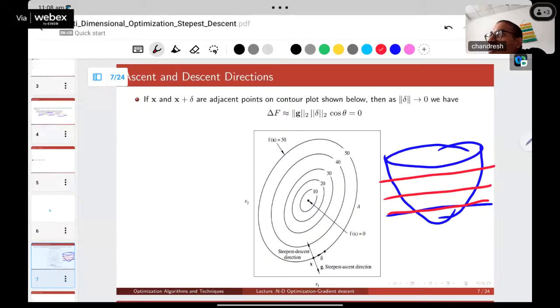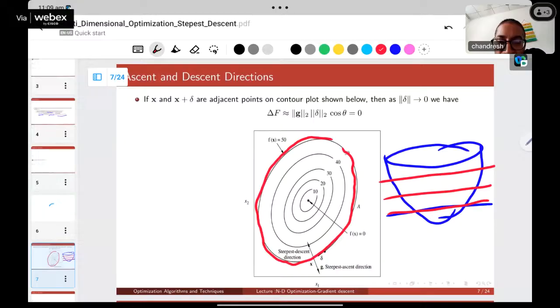If you slice a bowl at many points, you will get circles. These are the circles plotted on your screen, and everywhere on a circle the value of the function will be the same. That's the definition of a contour plot. On a circle, or level, we also call it a contour or level set. So on a level set, the function value is the same.